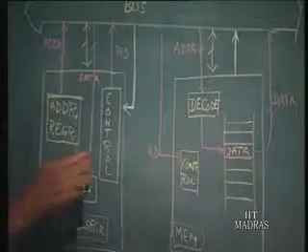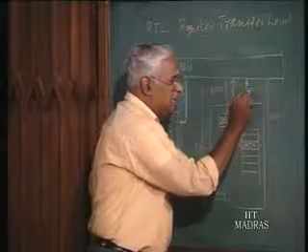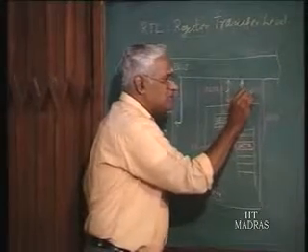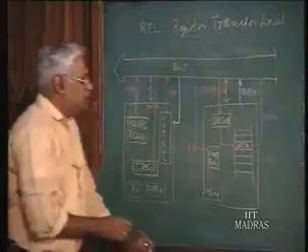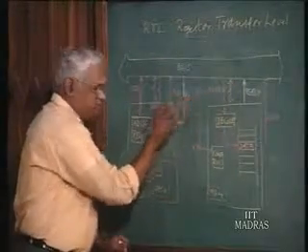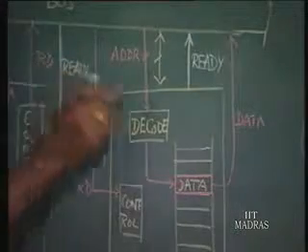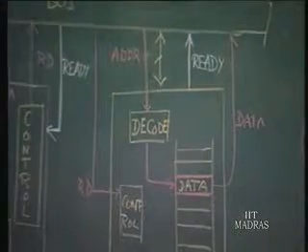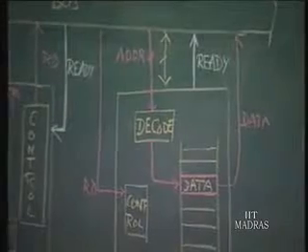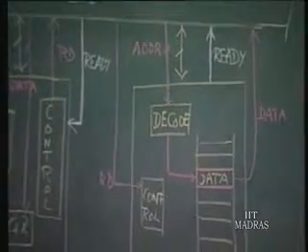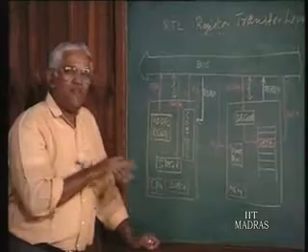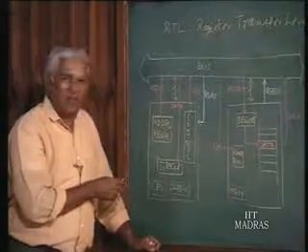So really this particular thing is called a ready input, from the CPU point of view. The memory generates a ready signal. Really what it does is, ready it will make 0, which means it is not ready. When it makes 1, that means it is ready. That is what it is, right.